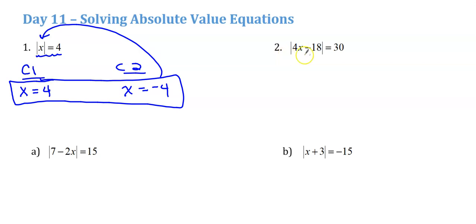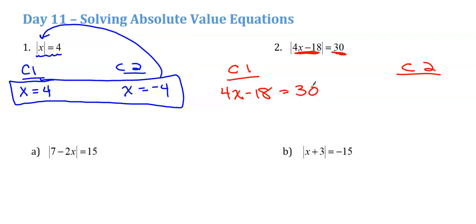Okay, so I've got my absolute value. Case 1, case 2. The minute I see absolute value equations or inequalities, you'll get to those tomorrow, we're dealing with case 1, case 2. So case 1, 4x minus 18, whatever was in the absolute value, equals 30. Again, all I did was rewrite this equation, and I'm going to solve it just like I would any other equation.